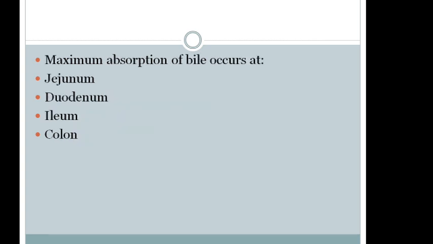Now next question. Maximum absorption of bile occurs at duodenum, jejunum, ileum or colon. What is the answer of this question? Who is saying duodenum? Someone is saying jejunum. Not A, not B. Its answer is C. Maximum absorption occurs in ileum only.